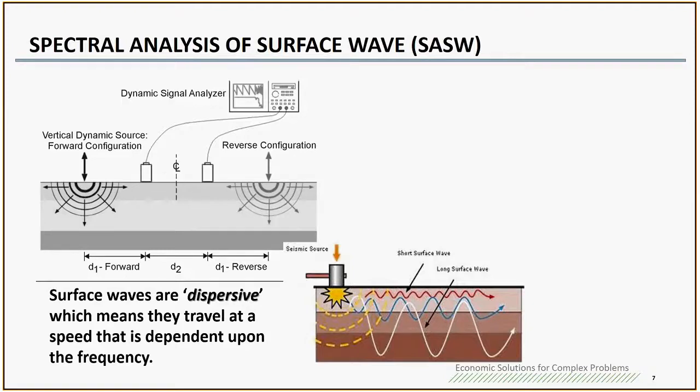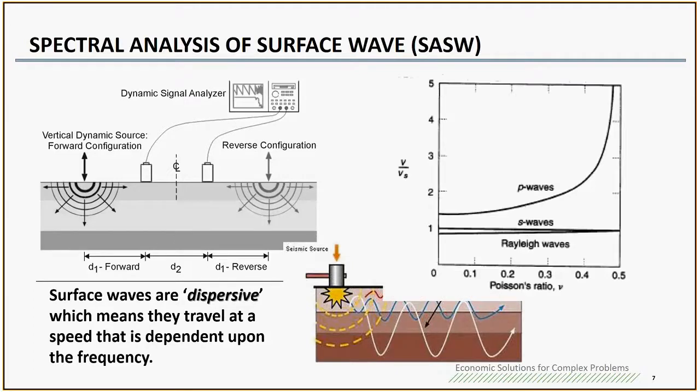SASW, spectral analysis of surface waves. This method just gained popularity recently. It is based on this figure, because the shear wave velocity, the Rayleigh wave velocity, is a surface wave.